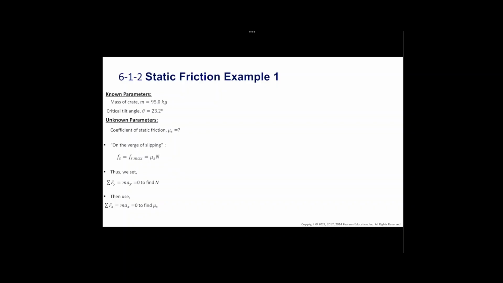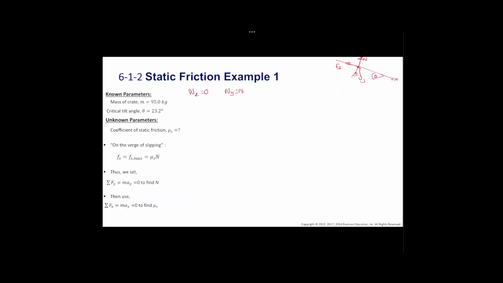Now as usual, first let's find the x and y components of the force vectors. For the normal force, in the x direction it is 0 and in the y direction it is just n. We have the weight in the downward direction, and this angle is theta. Then we have the static friction force opposite to the x direction, and the normal force perpendicular to the surface.